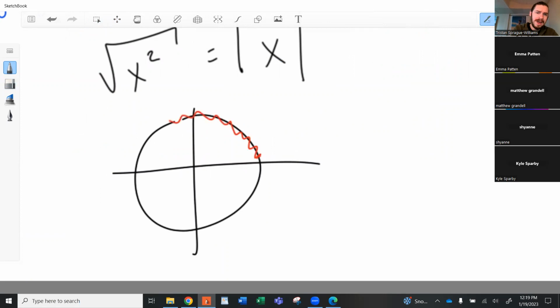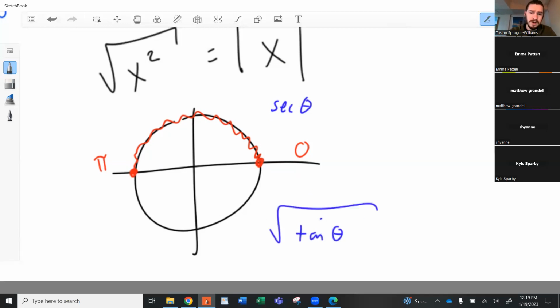You use the top half of the circle when you're dealing with secant or arc cosine or arc secant. Use that top half right there, right? So that we're talking 0 to pi. But then what we got later is tangent of theta, right? After we did our substitution, we're looking at this right here and reducing it to the absolute value of tangent.